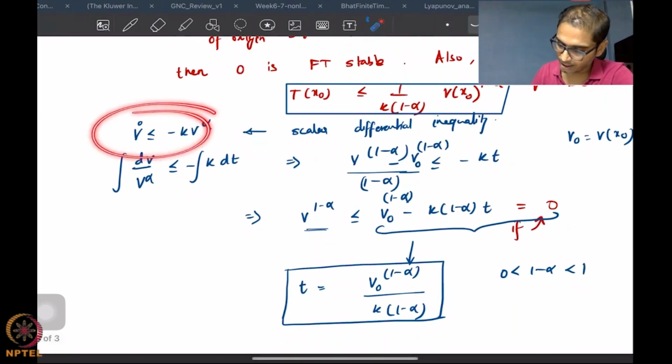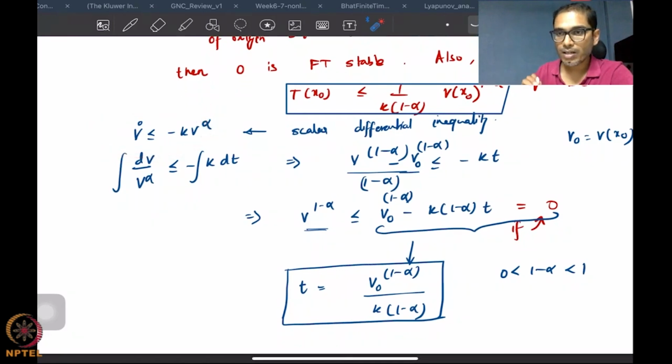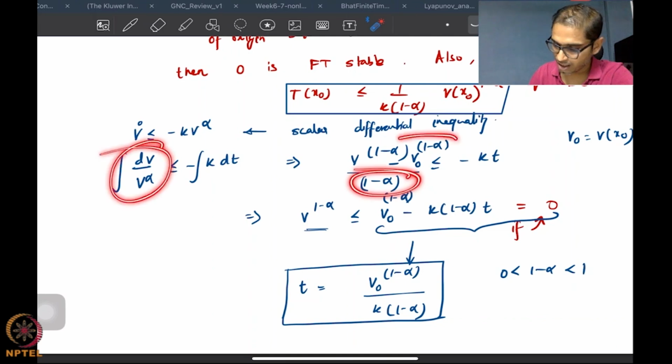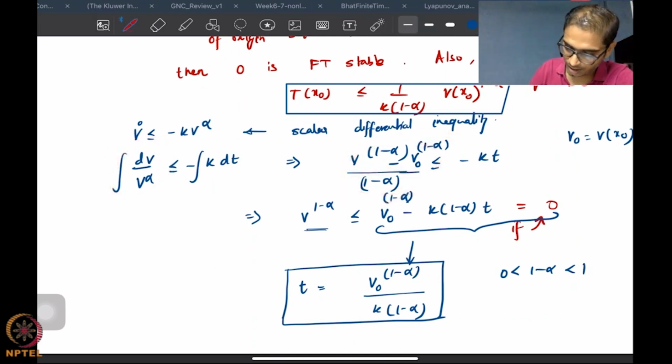And just by integrating it carefully, there is also the value at time t and the value at initial time 0, and then divided by 1 minus alpha. So this integral evaluates to this, in fact.